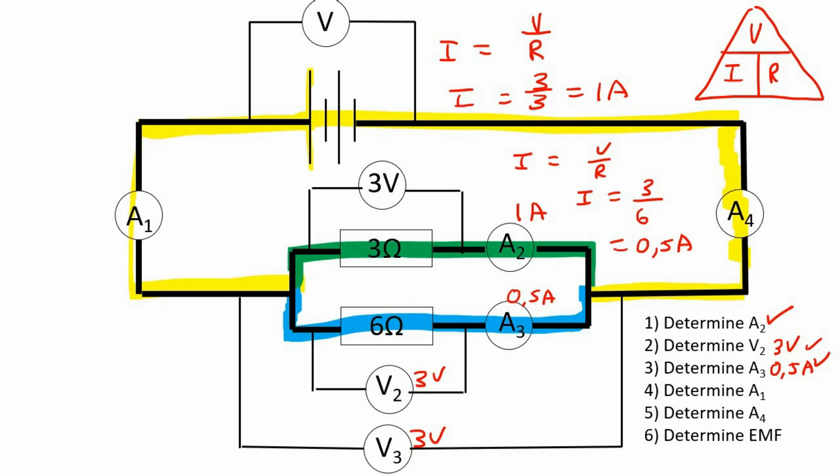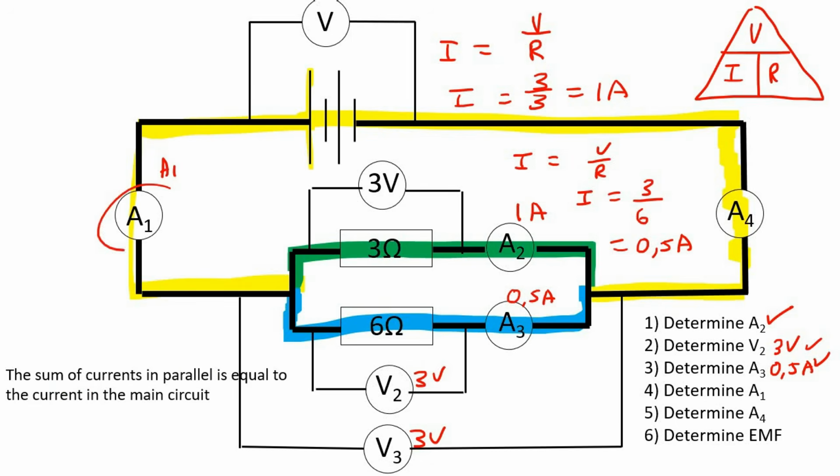The next question says calculate A1. Now A1 is here. There are multiple ways of doing this, but one of the easiest is to remember that the sum of currents in parallel is equal to the current in the main circuit. So A1, which is part of the main circuit, is equal to A2 plus A3.